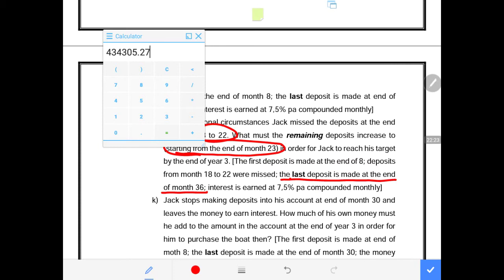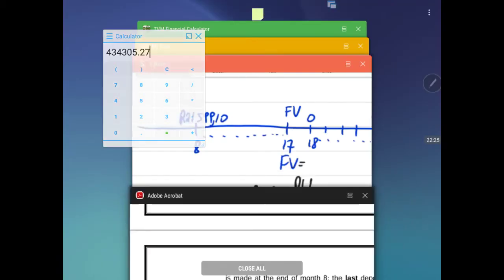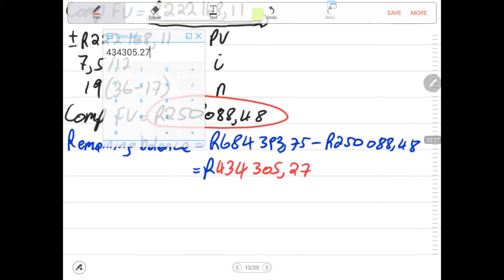Let me just verify that I've written the amount down correct. It is 434,305.27. So we need to say month 36 minus 22 because we are excluding 22, meaning 14 monthly payments will be made in order for us to get to this amount.